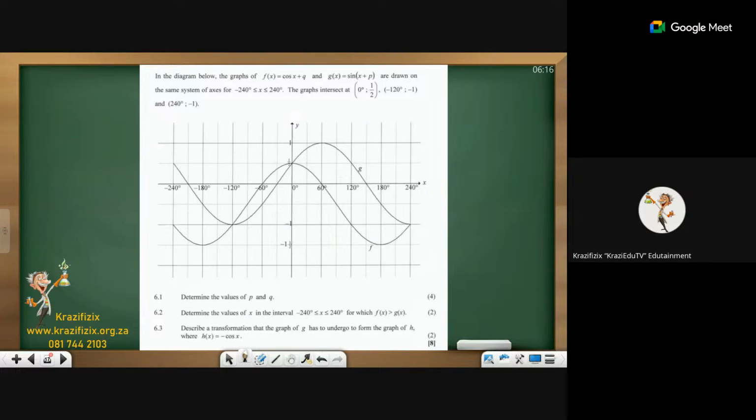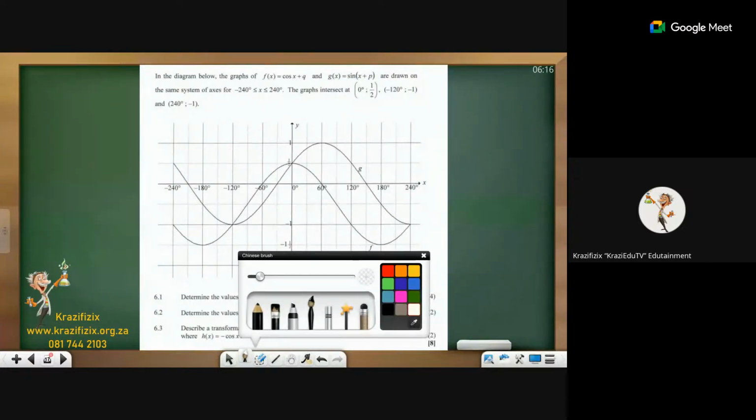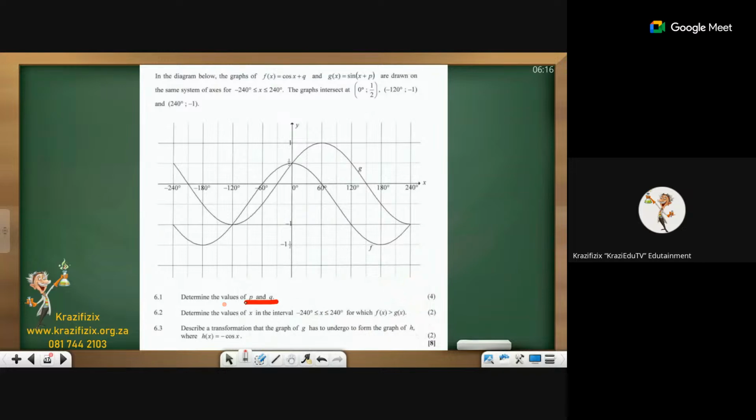Now, if you check your g of x, let's look for P first. g of x is a sine graph.